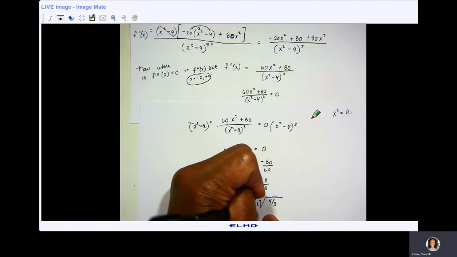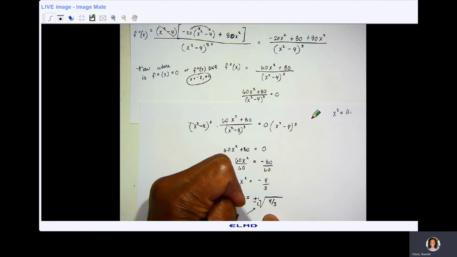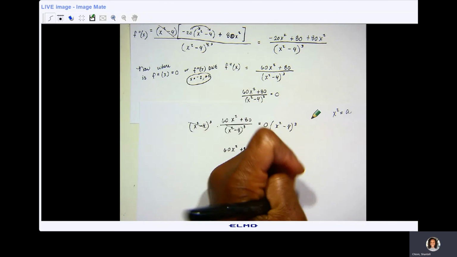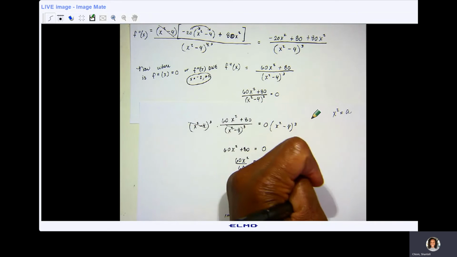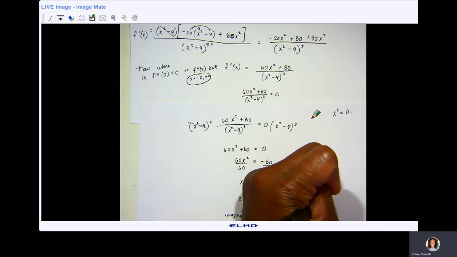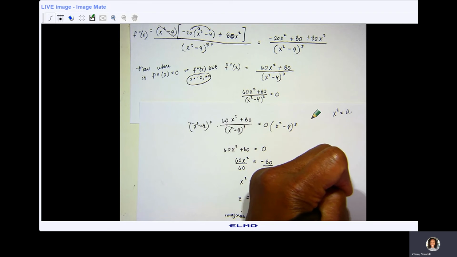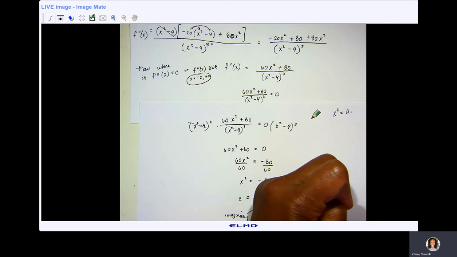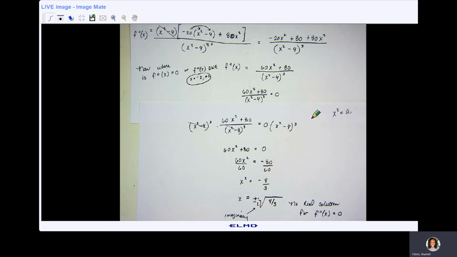So this is imaginary. Because it is imaginary, f double prime has no real solution for when it's equal to 0.